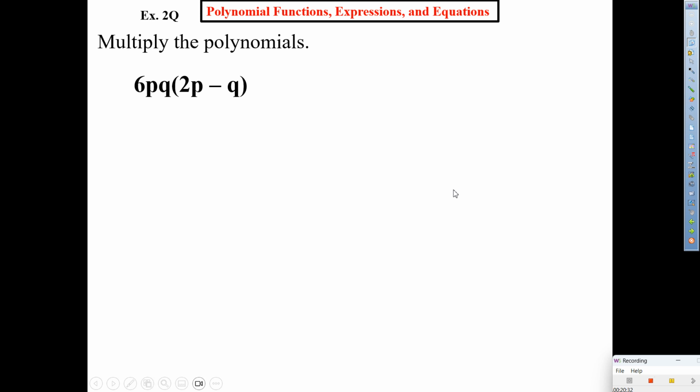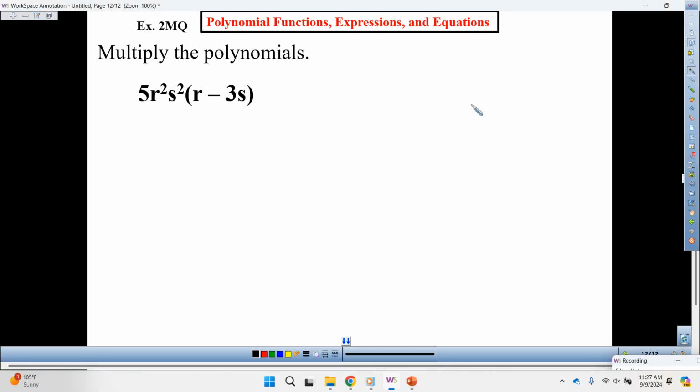Let me go to the next screen. Look up, write your utensils down. I'm going to multiply this using the area model. Look up. I'm going to make an area. I got 5r to the second, s to the second, r negative 3s.